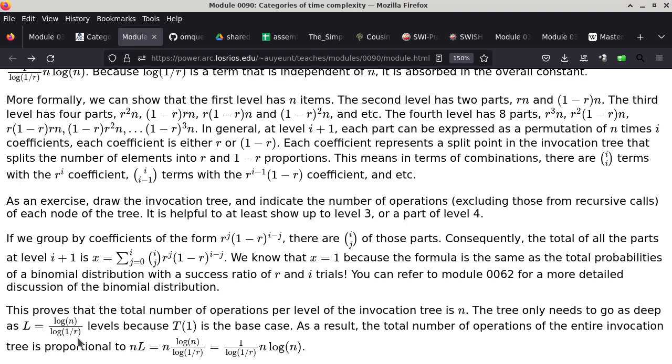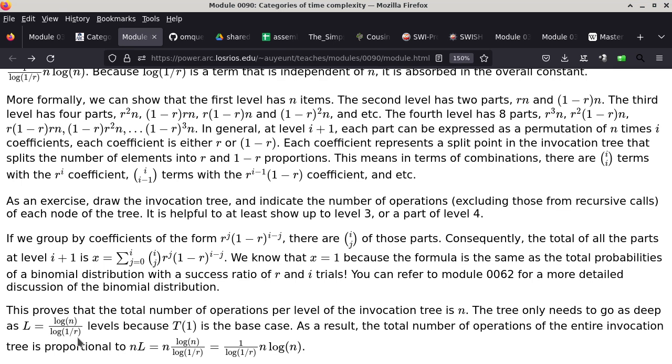So you're still having log n divided by log of something. And as a result, the bottom line is, this is just a constant. We don't really care what it is. It is the n, which is the number of items for each level, times log n, which is proportional to the number of levels that we end up with. Is that okay?